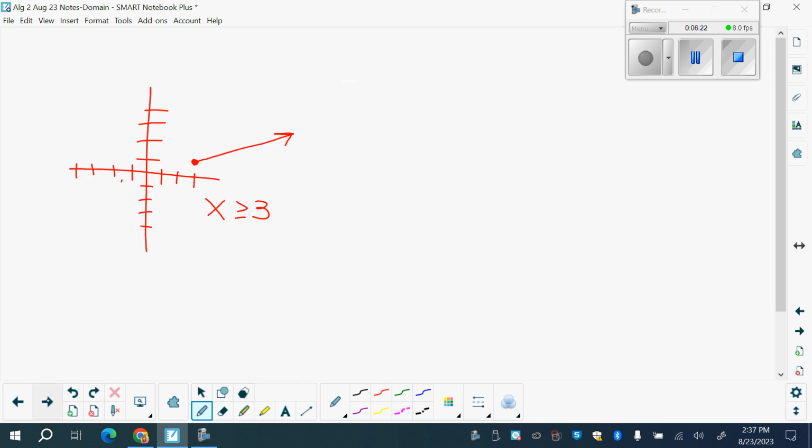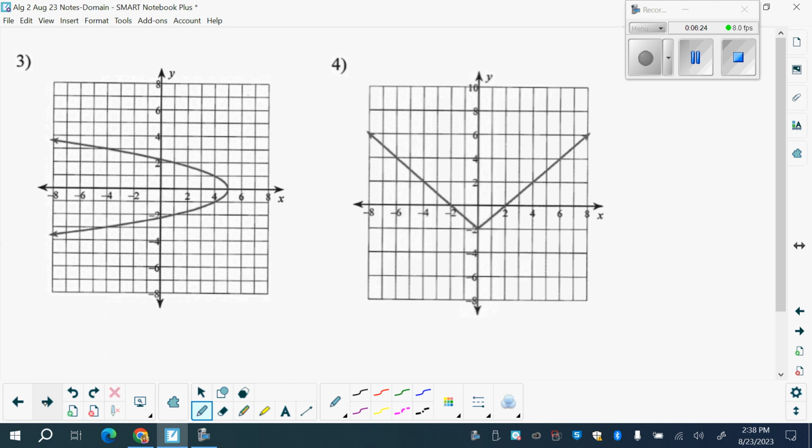Okay, so let's do this one. These are arrows over here, right? So that means it's going on forever. In what direction? To the left. Let's just get what it is first.